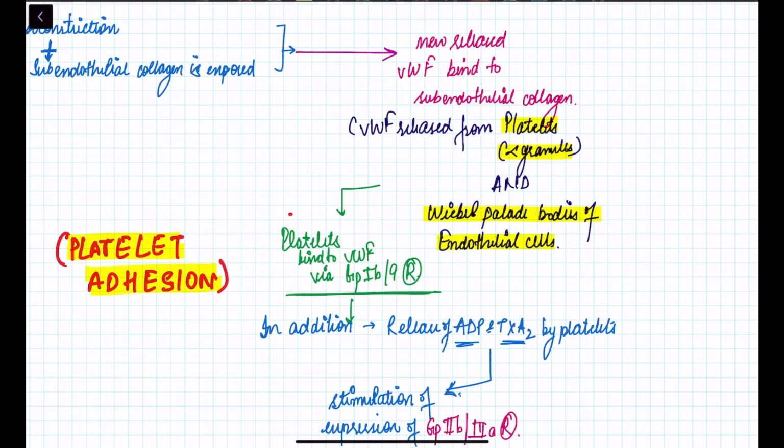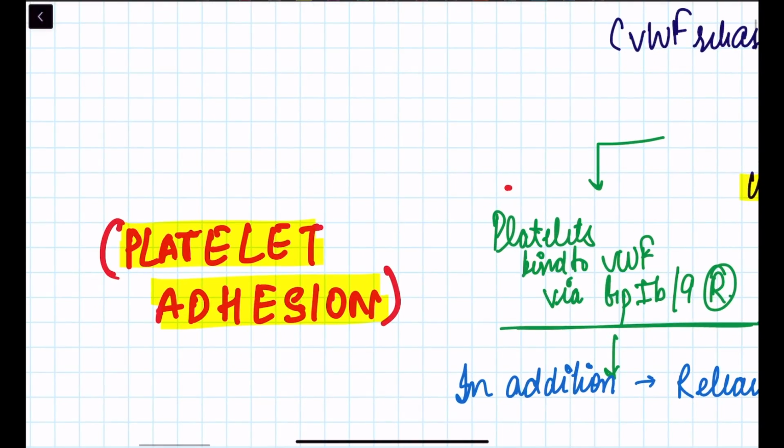This will be an important aspect. And mind you, this is platelet adhesion. Platelet aggregation and adhesion are two separate things. Platelet binding to von Willebrand factor is called platelet adhesion.